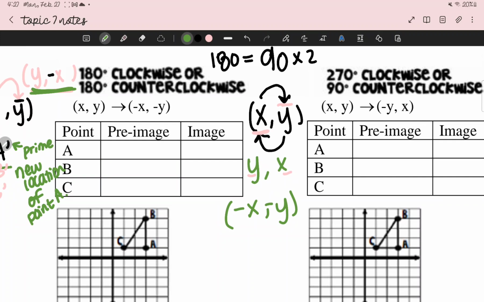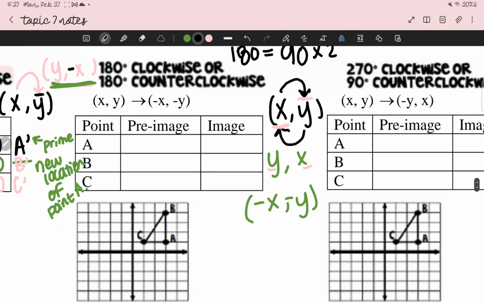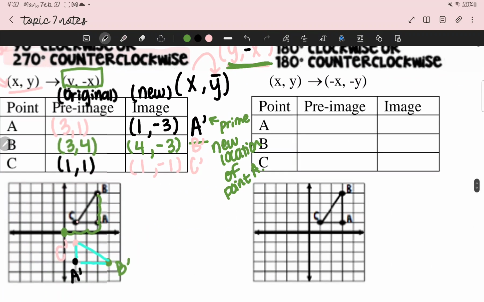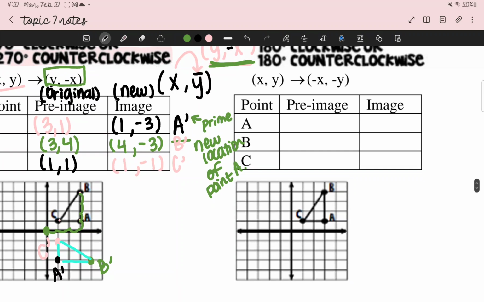All right, so with this in mind, I'm not going to worry about the colors this time, and I'm going to erase this from over here as well. So our pre-image, I think it's the same one. It is. So we can just copy those from the previous example.